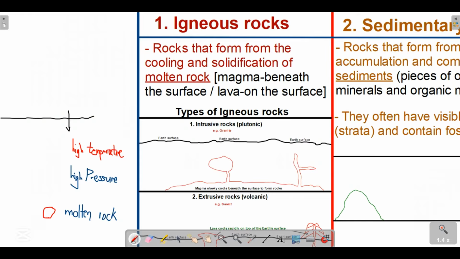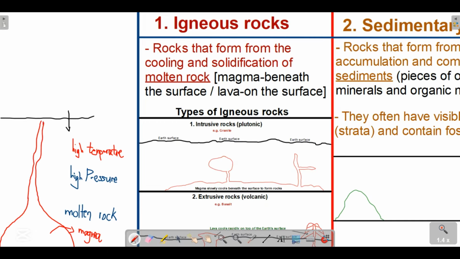So we call that magma. Okay, I should maybe sort of draw a magma chamber. So that is magma. This is molten rock, but beneath the Earth's surface. But now this magma can actually reach the surface. Due to pressure differences and many other processes, this magma does make its way onto the Earth's surface, right?